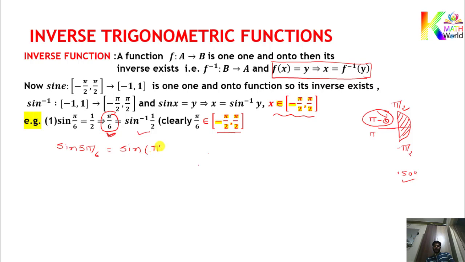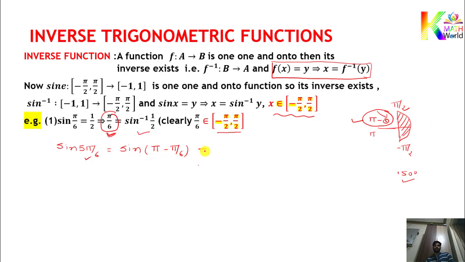So how can we express pi minus pi by 6? Take the LCM: 6 pi minus pi, that is 5 pi by 6. So you can express it this way. Now pi minus theta, second quadrant. In the second quadrant, according to ASTC, sine will be positive.